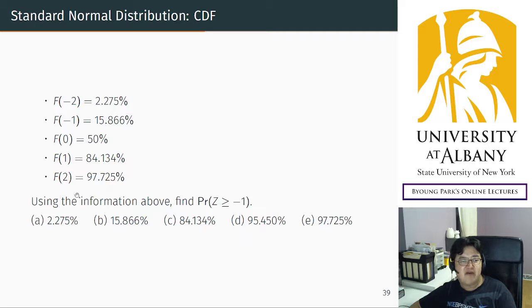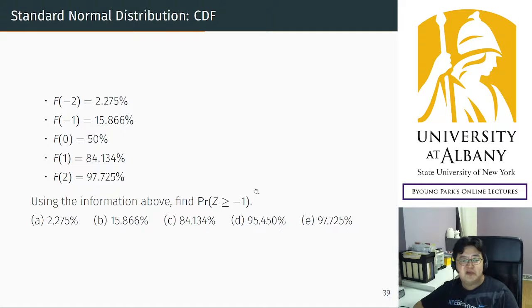You have 5 pieces of information about cumulative probabilities, and from them, can you infer this probability? I explained this when I first introduced the CDF in the previous lecture. Pause the video if you need more time. I will turn the page.